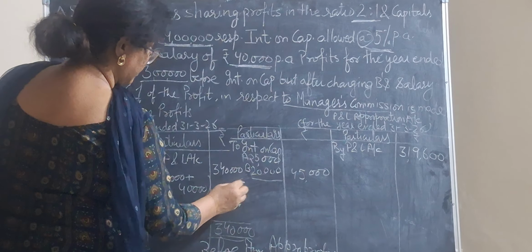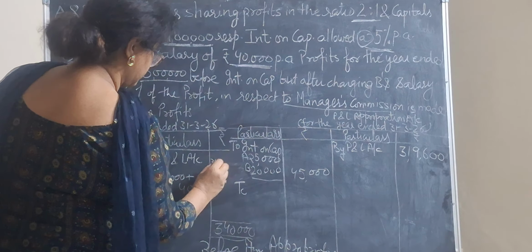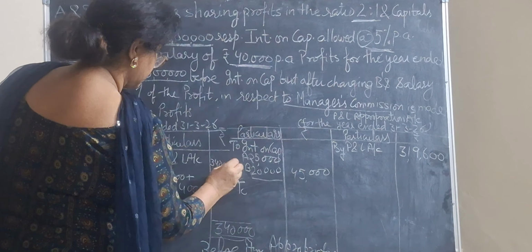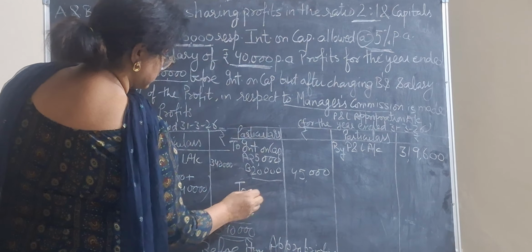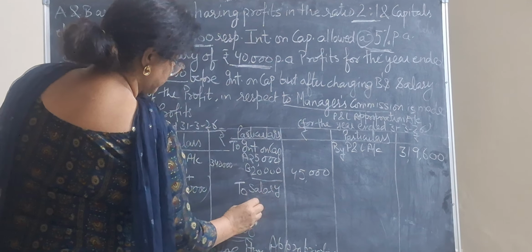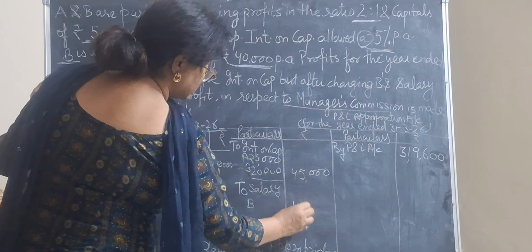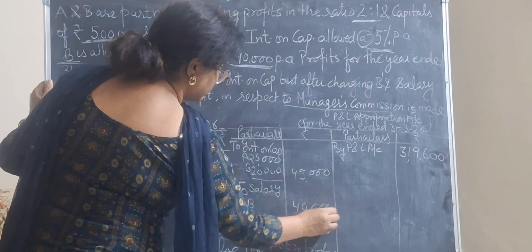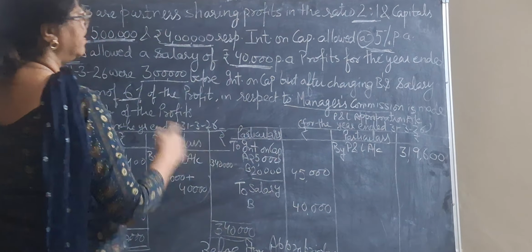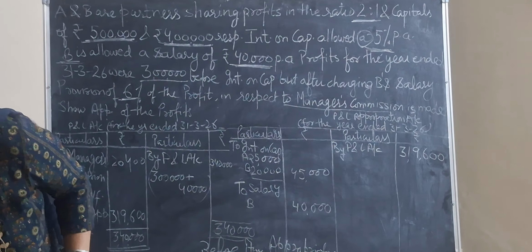Next entry will be salary. Salary to whom? To B. How much? 40,000. As per the partnership deed, there is nothing else.